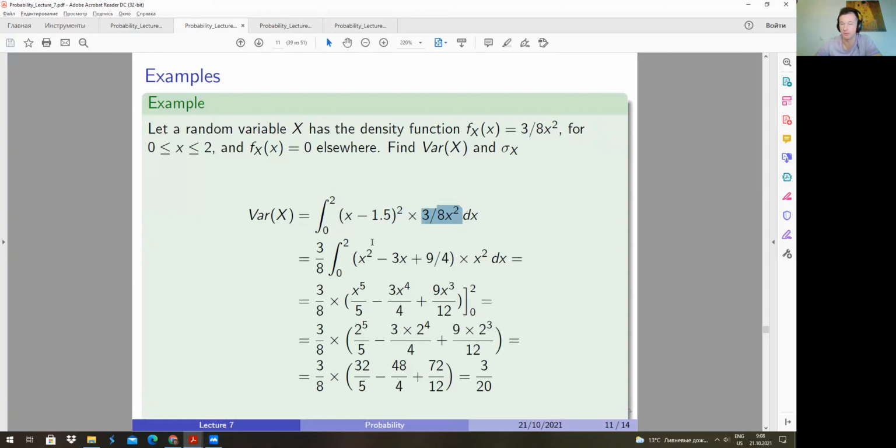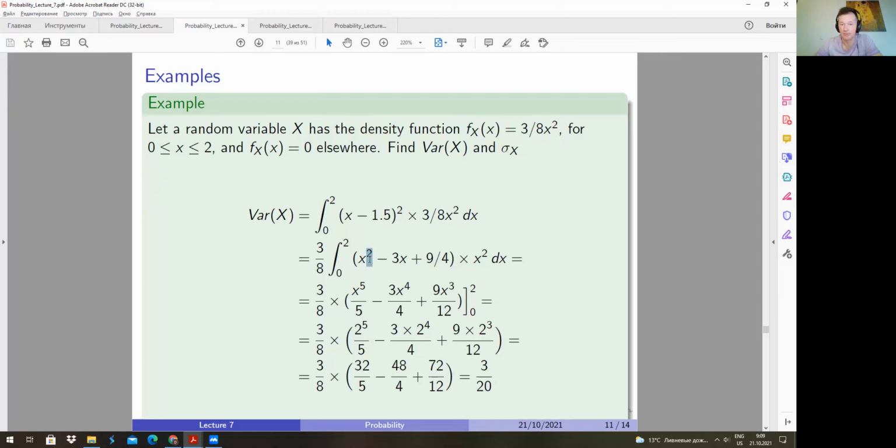This is somewhat of a long way to do, because I first factor the 3/8 out of the integral sign. Then I square this and write it in the following way: x squared minus 3x plus 9/4, multiplied by x squared. Then I need to break down this integral into a sum of integrals, but I omitted this part.